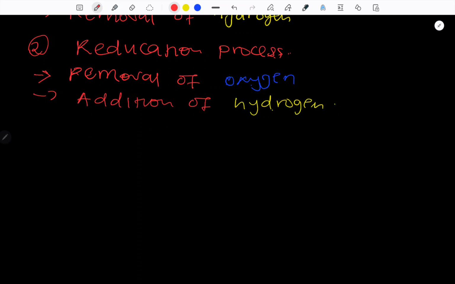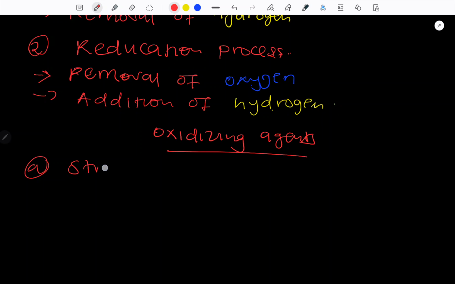The first one is strong oxidizing agents, and the second one is weak or mild oxidizing agents. Let's start first with the strong oxidizing agents.